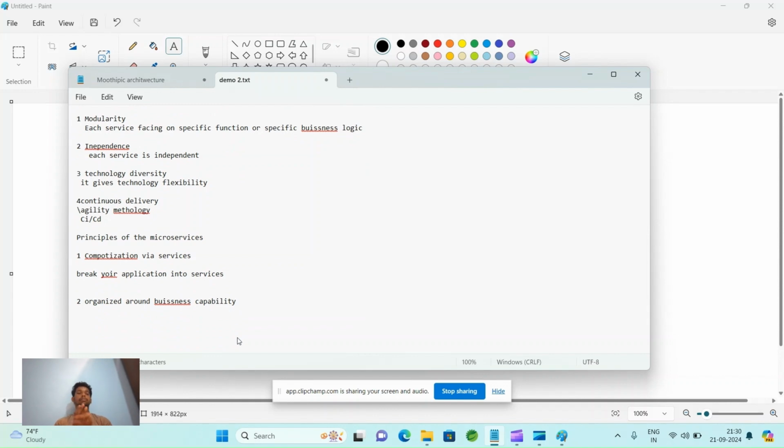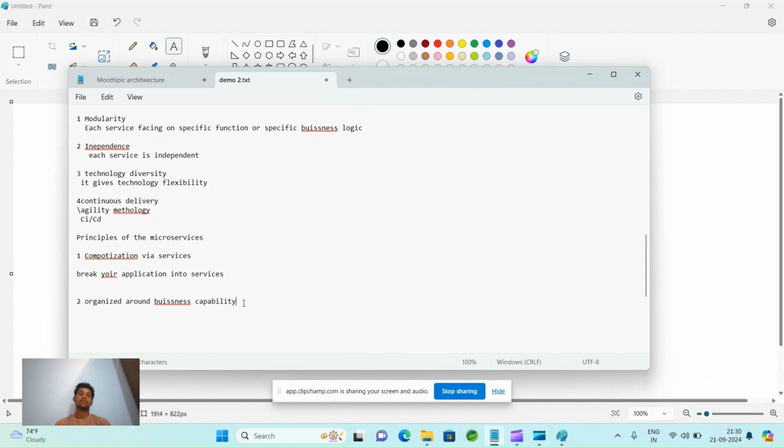It means differentiate your project's services by different business capabilities. Like I told you in the earlier e-commerce example, you make the product service different, the order service different.